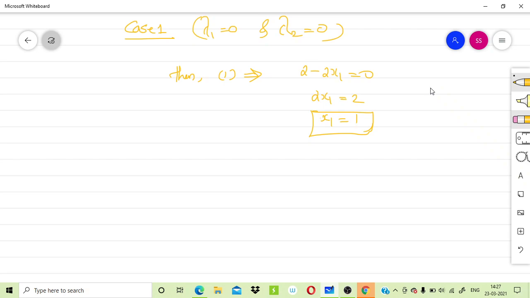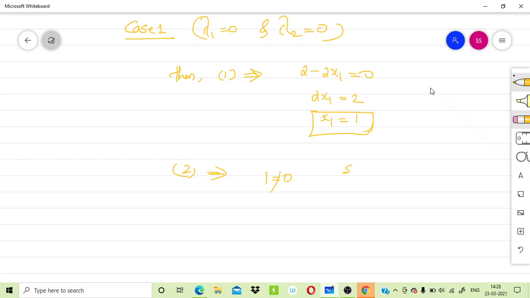Yes, if lambda 1 and lambda 2 both are equal to 0, then equation 2 becomes 1 equal to 0, which is not at all possible.